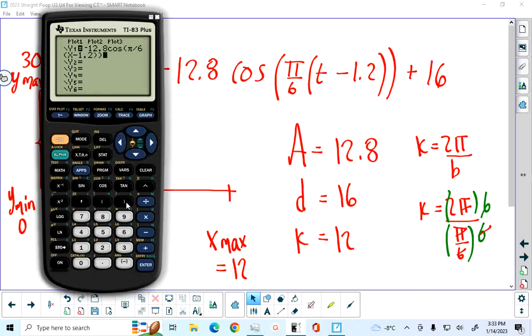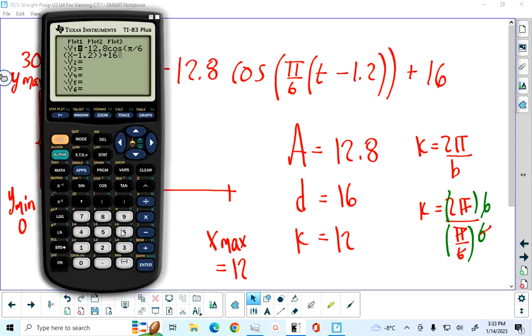I'm closing the brackets twice, and I'm adding 16. My advice has always been to students, before you get out of a screen where you can no longer see what you've typed, just double check to make sure it's right. And I think it's right.